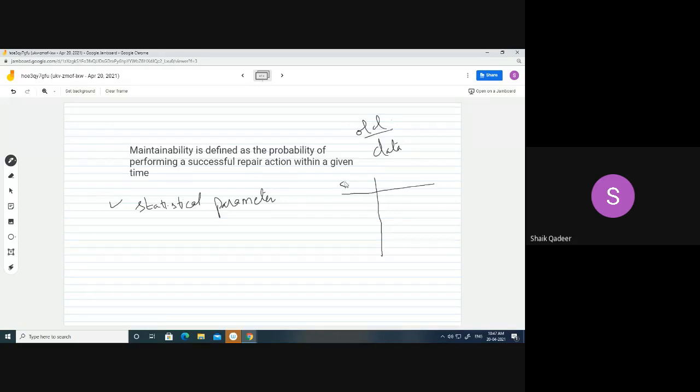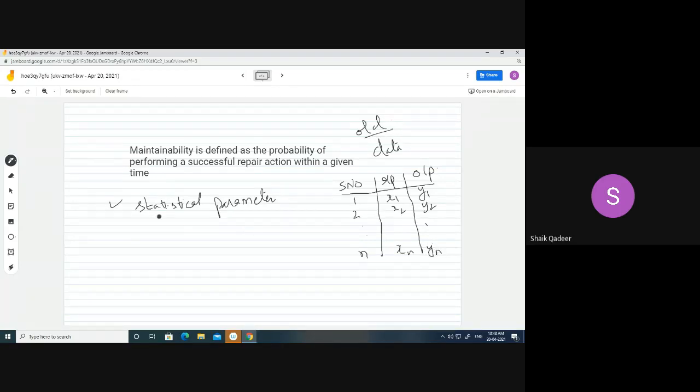In that, one column can be serial number, one column can be input, and one column can be the corresponding output. 1, 2, so on up to n; x1, x2, so on up to xn; y1, y2, so on up to yn. This is available.